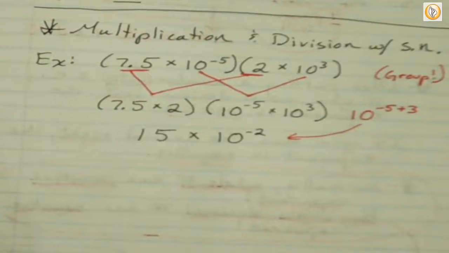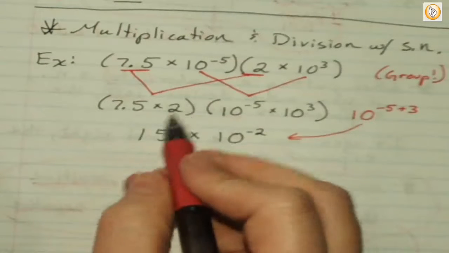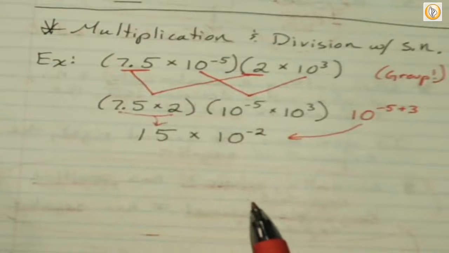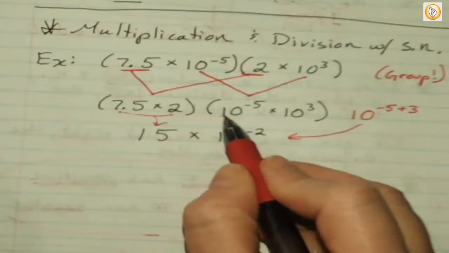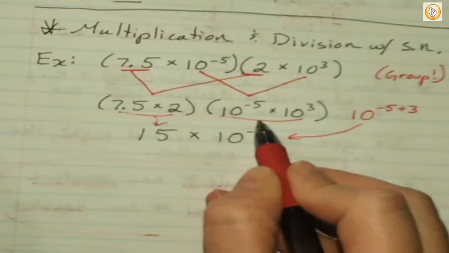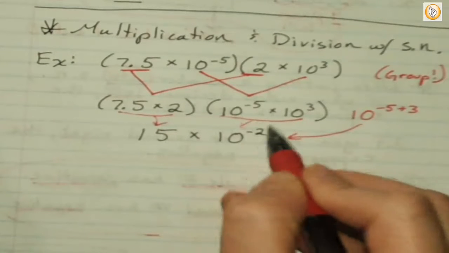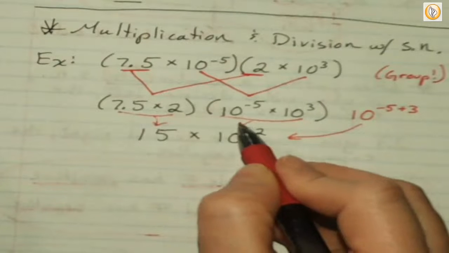So 7.5 times 2 equals 15. And then 10 to the negative 5 power times 10 to the 3rd power, bases are the same, so we add the exponents. That gives us 10 to the negative 2 power.